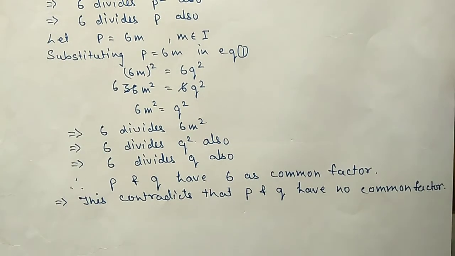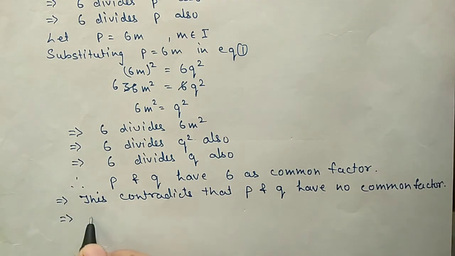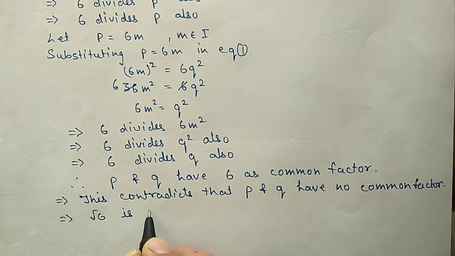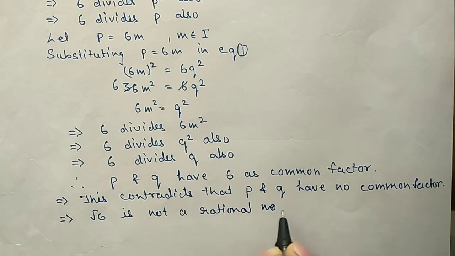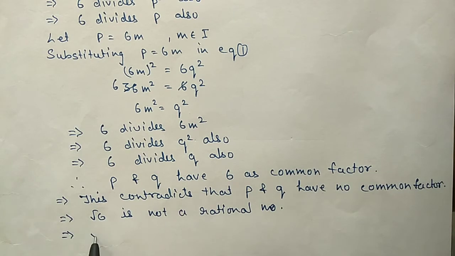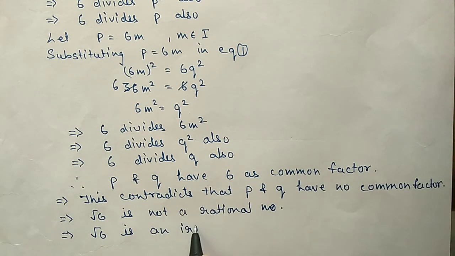It means root 6 is not a rational number. And if any number is not a rational number, it means that number is an irrational number. So root 6 is an irrational number.